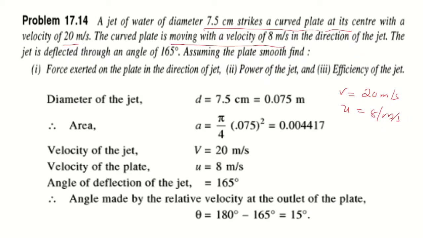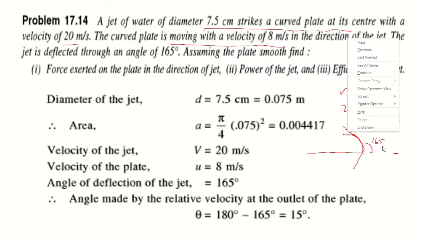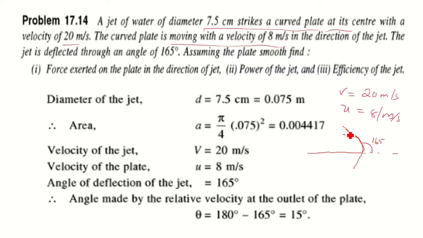The jet is deflected through an angle of 165 degrees. That means if there is a curved plate, the jet is coming in at 0 degrees and it gets deflected through 165 degrees, and the jet leaves the plate at what angle? 180 minus 165 gives 15 degrees.